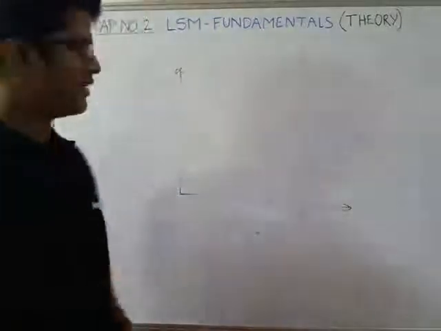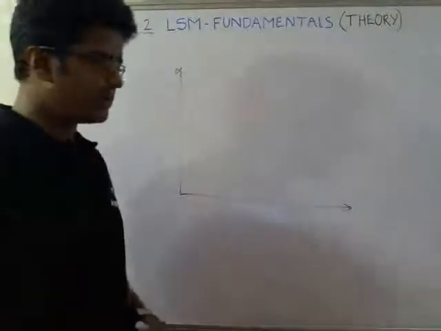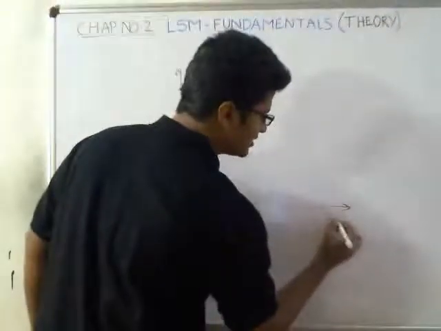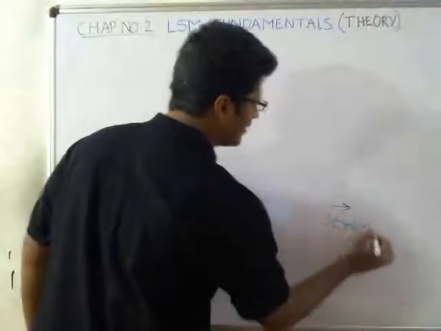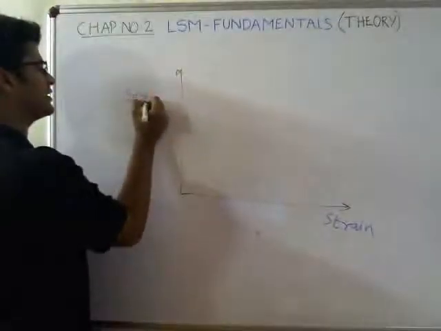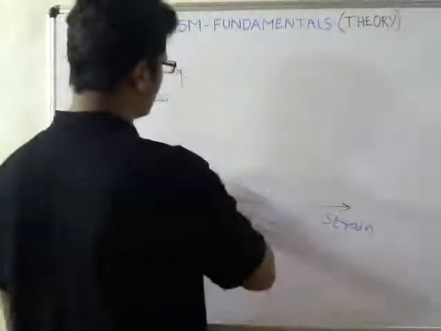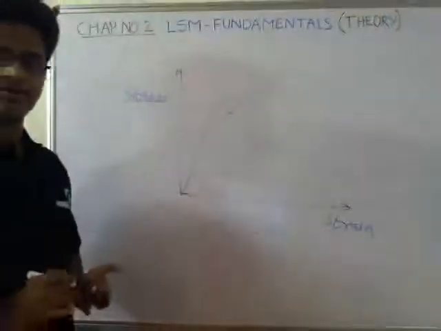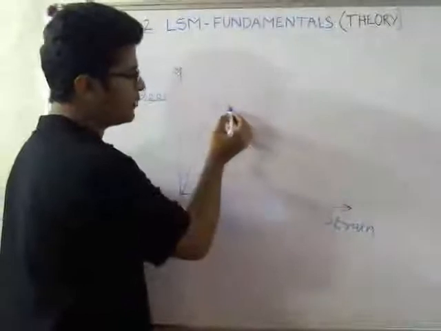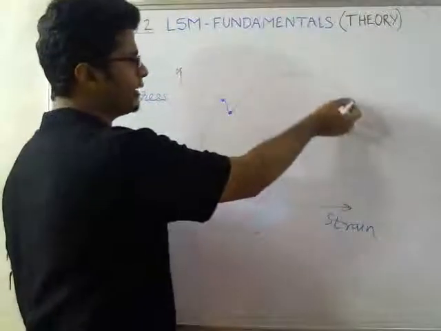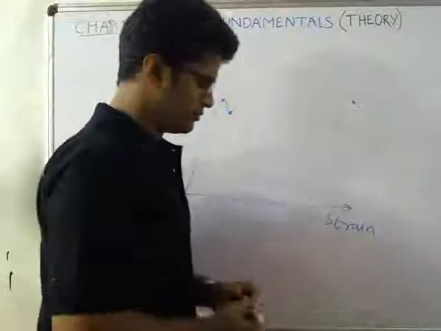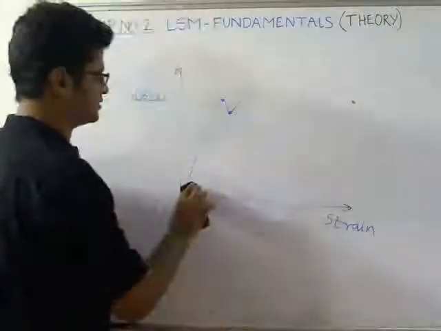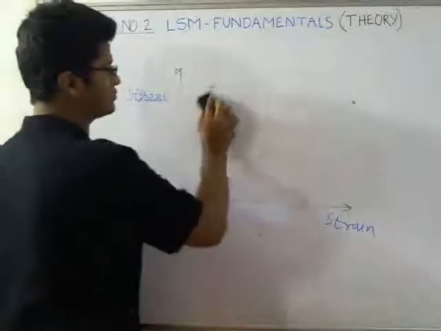If you have, I will just make a rough sketch of the graph so that you might recollect. The x-axis is the strain, and the y-axis is the stress. The graph was something like this. Here this is the lower yield point, this is the upper yield point, this is the breaking point, and so on. This is the ultimate point, elastic limit, proportionality limit, and all. This was for mild steel.